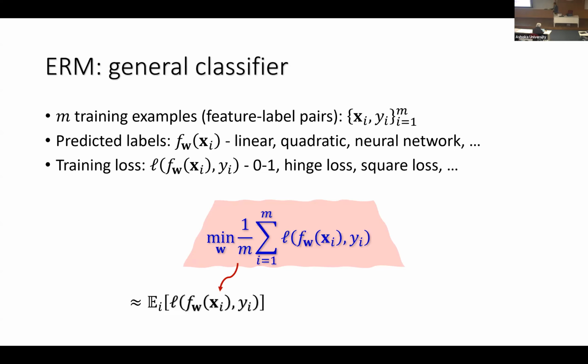So this is the ERM problem, empirical risk minimization. And the 1/m summation, as you can imagine, is essentially a proxy for the expectation. As m goes to infinity, this is really the expectation. m is never infinity, but as m is larger and larger, this is a better and better approximation.